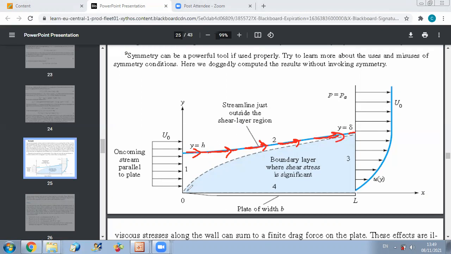And of course, at this level, zero velocity, no crossing flow. So you only have crossing flow at this level and at this level. So this was a smart choice by just considering a certain streamline outside of the shear layer region where the flow is uniform. So now you are sure that the whole boundary layer is included inside your system, okay?